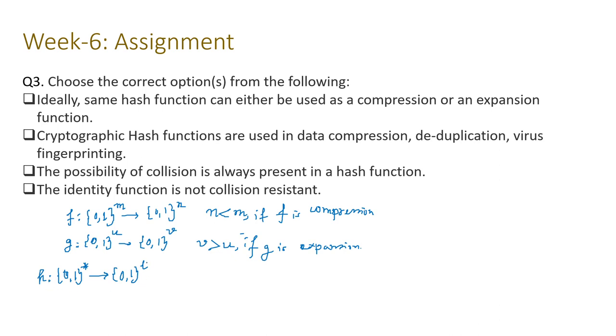And there are some other cryptographic properties to satisfy, like collision resistance, pre-image resistance, second pre-image resistance, etc. Anyway, since we are writing the star here, meaning any length, it can be the case that we get an L bit length output from some L1 bit length input where L is greater than L1, or it can also be the case that we get an L2 bit length input string, and by applying hash function h we get an L bit length output such that L is less than L2.